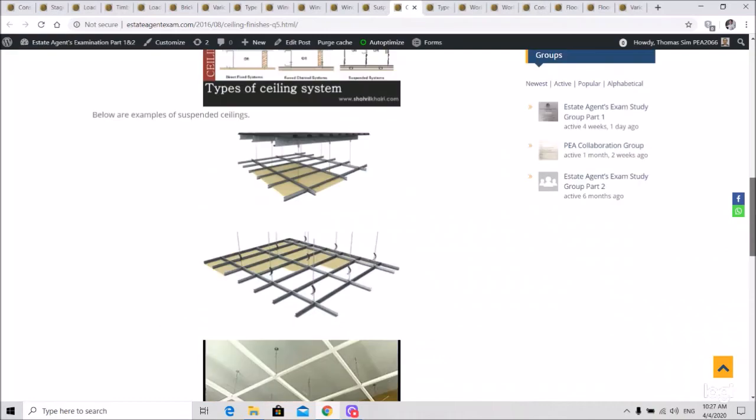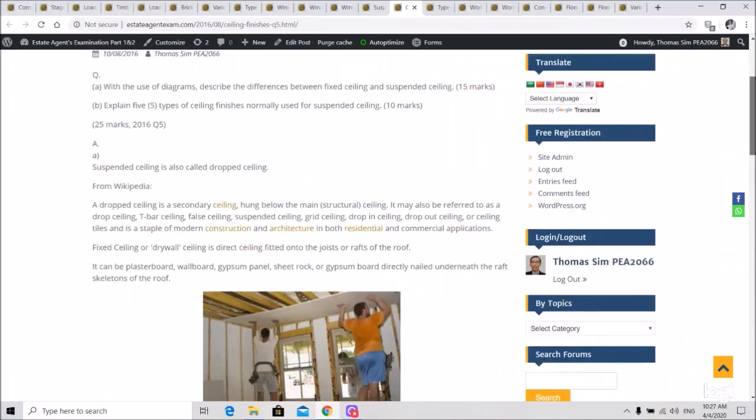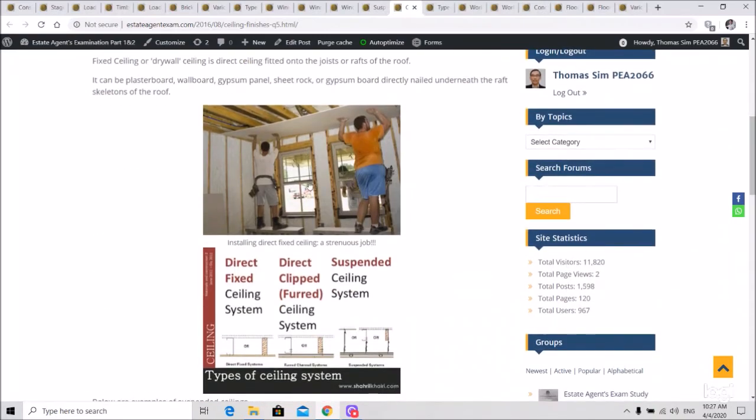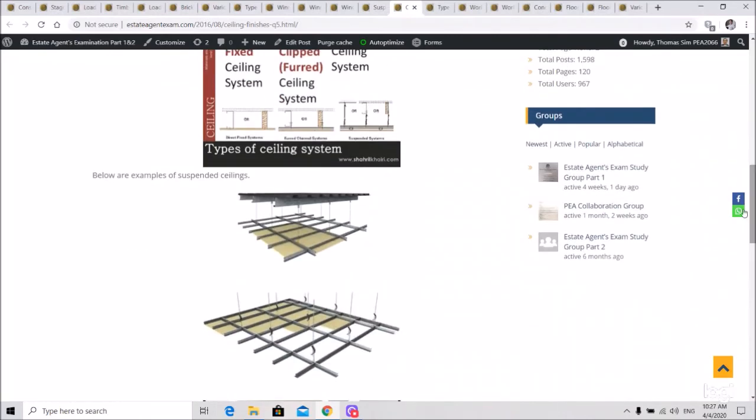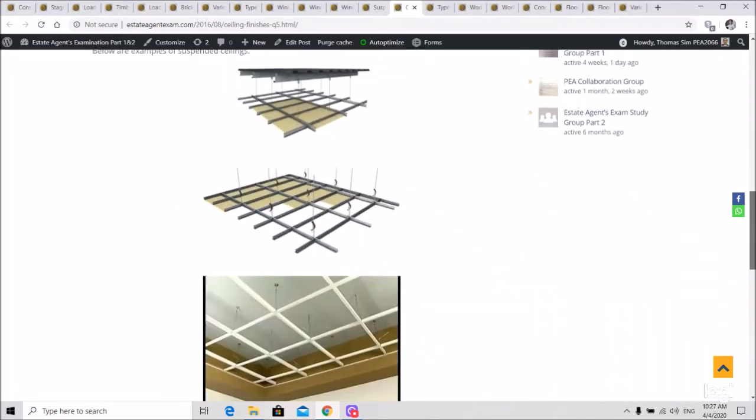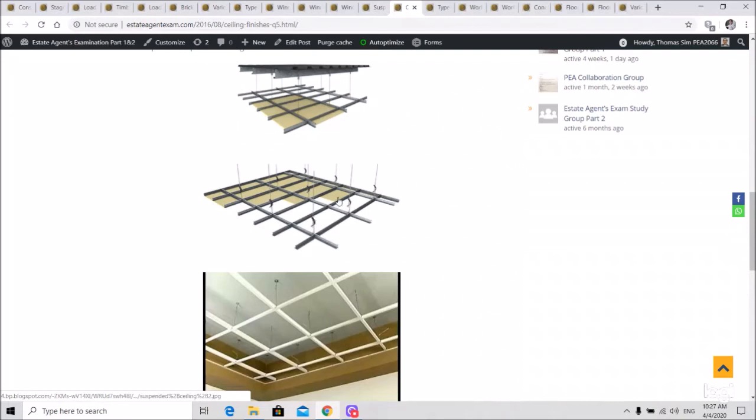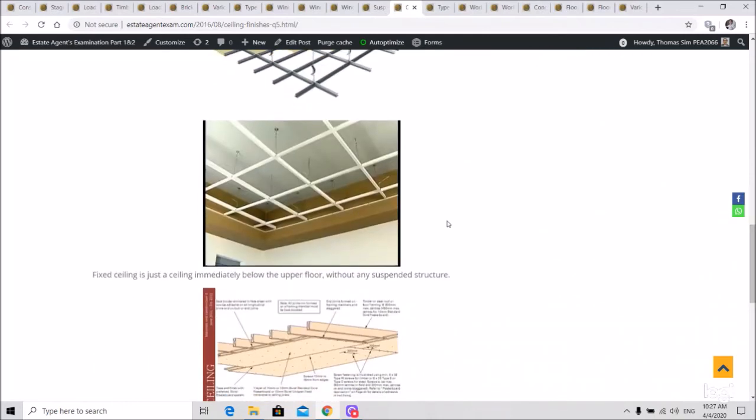Right, different types of ceiling. There is fixed ceiling, direct fixed ceiling, and then you have also the suspended ceiling. So a lot of the time we are now looking at suspended ceiling in big super malls because there's a frame structure, beams and all the columns, and then this is suspended from the beams and the columns. So you have a frame structure, and then you have the cover up of this ceiling.